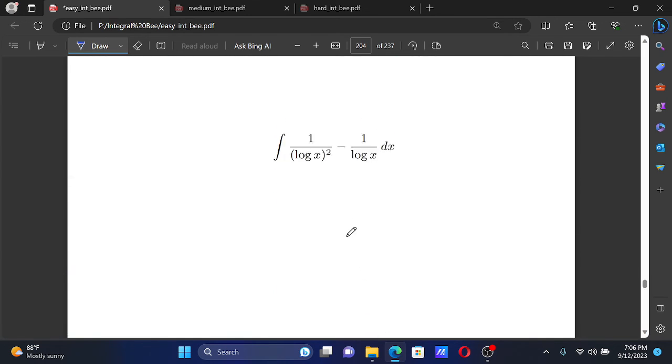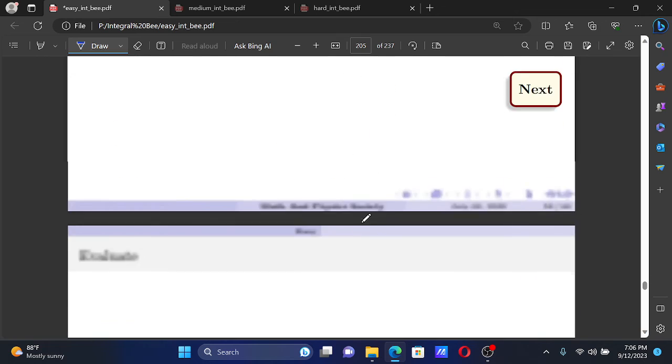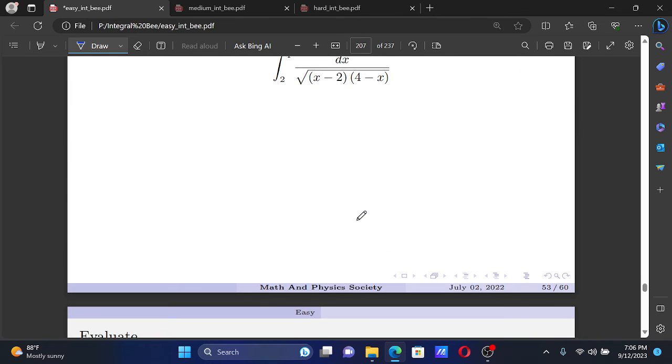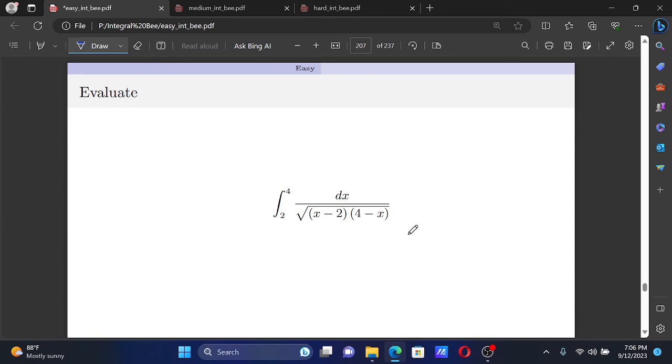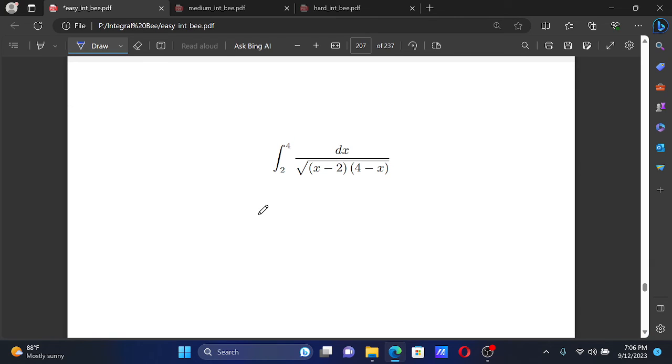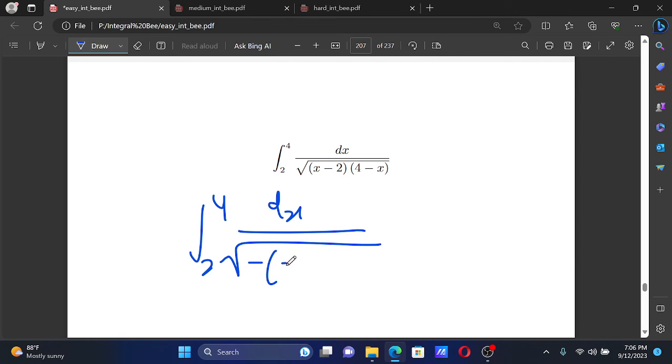That's the answer. For this next problem, we can just use some high school maths. Integral from 2 to 4 of dx, this will be root under minus of x square minus 6x plus 8.